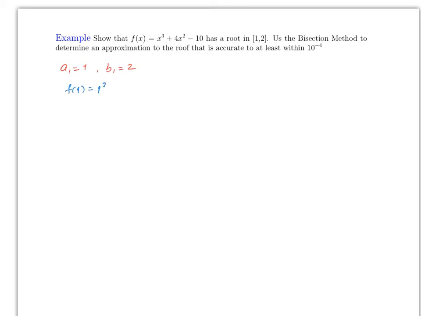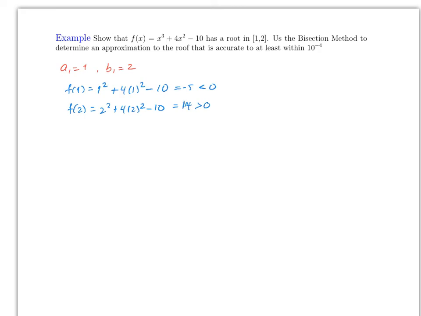f of 1 will be 1 cubed plus 4 times 1 squared minus 10, and this is negative 5, so therefore this is negative. And f of 2 is 2 cubed plus 4 times 2 squared minus 10. This is equal to 14, which is positive.